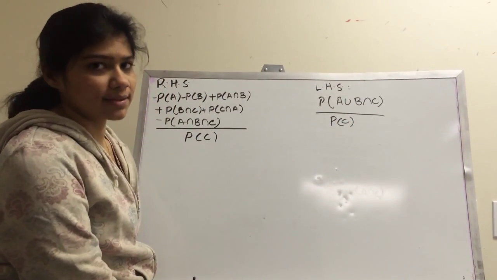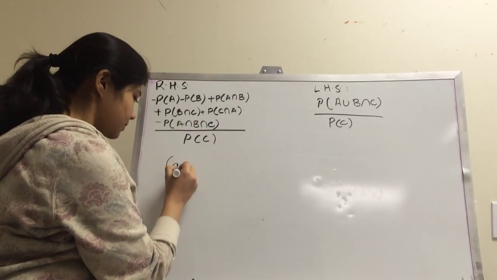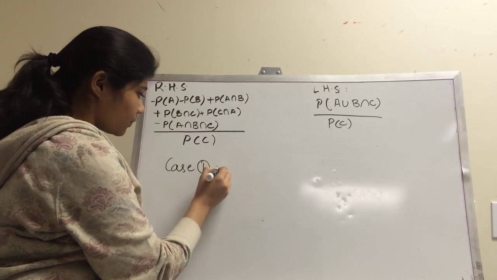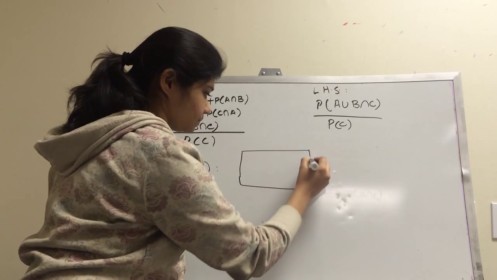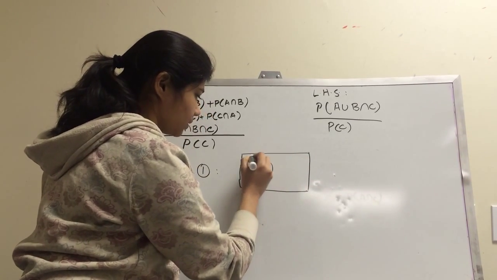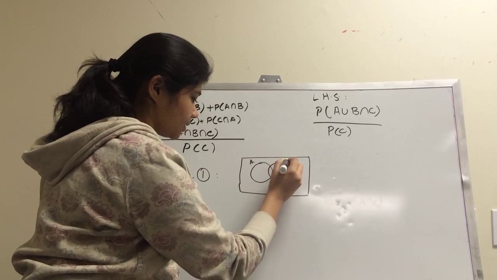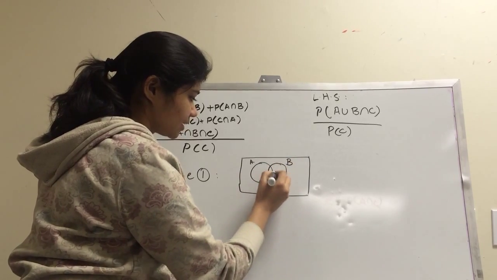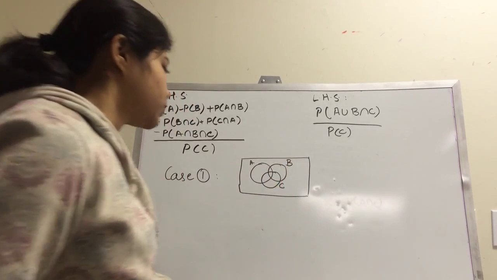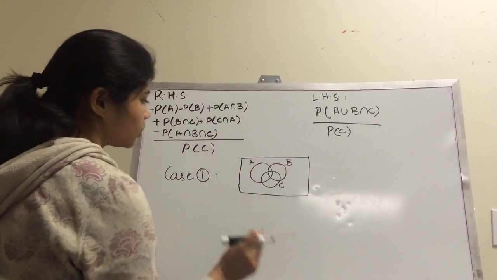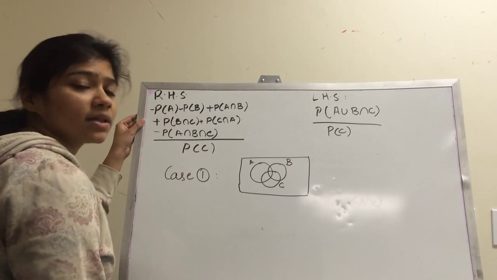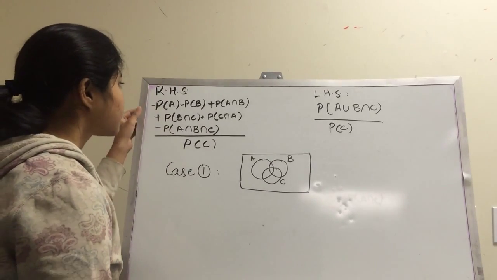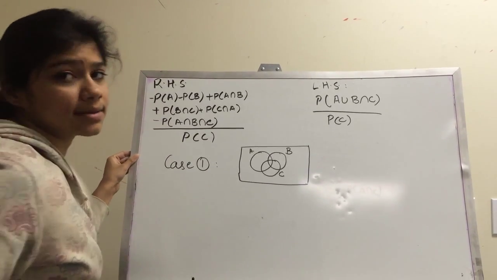Now I've assumed cases. My first case is represented by the Venn diagram as given here: set A, set B and set C. So on using this Venn diagram, when I substitute values in the RHS, I find that the RHS is coming out to be less than 0.